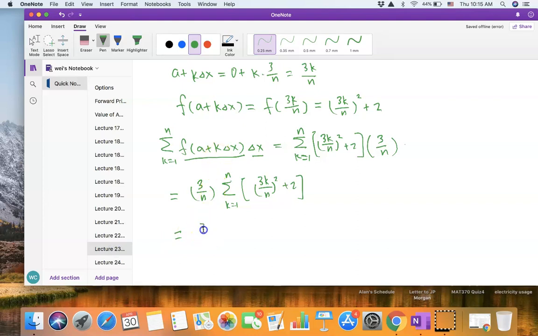So we can continue to simplify our answer into the sigma of 3k over n squared plus the sigma of 2.